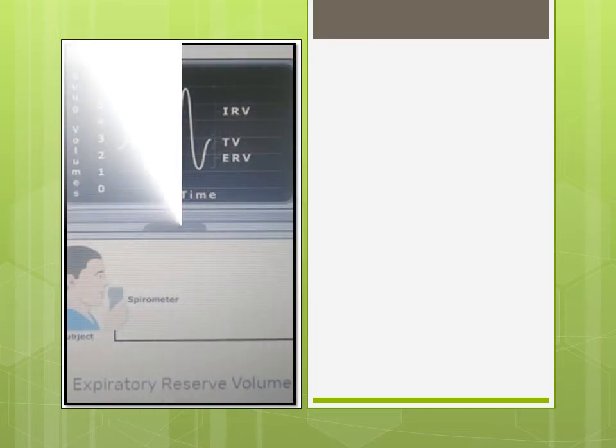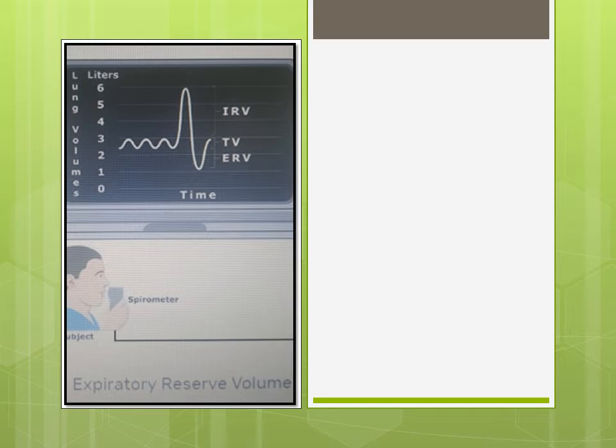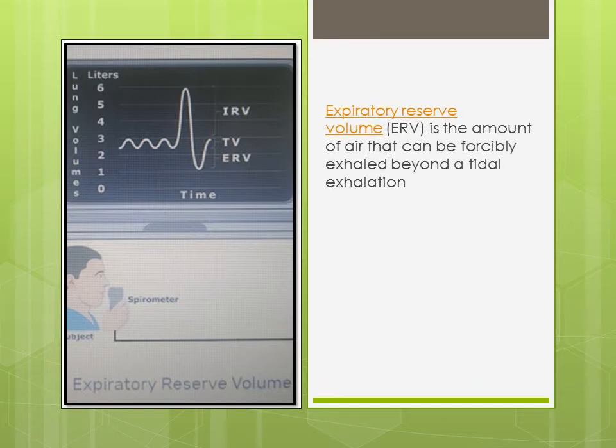The next volume is the expiratory reserve volume, ERV, which is the amount of air that can be forcibly exhaled beyond a tidal exhalation. Moving on to the picture, what you can observe is, we had the tidal volume, then an inspiratory reserve volume, and then again the tidal exhalation.